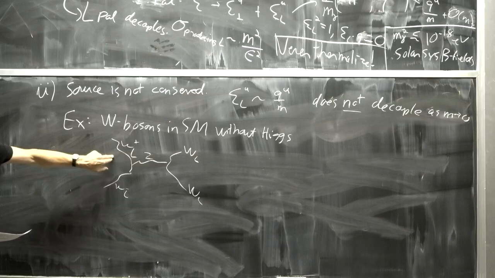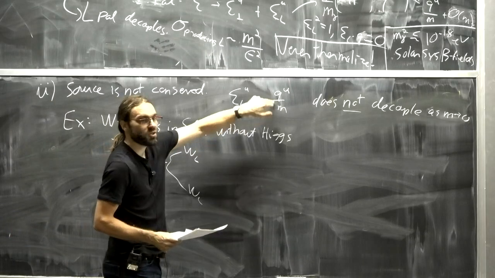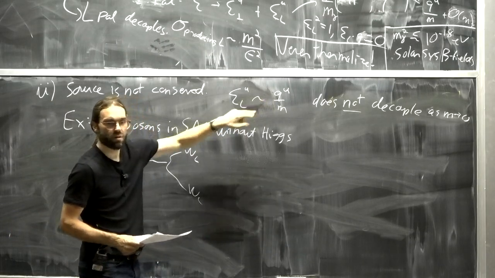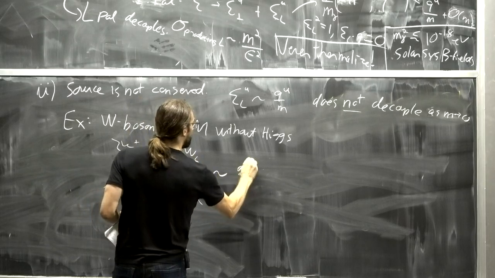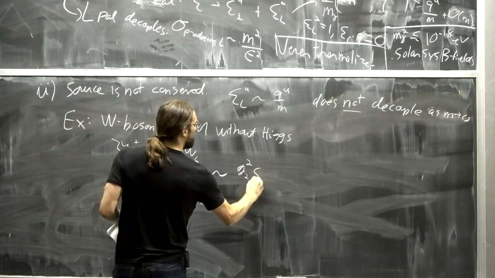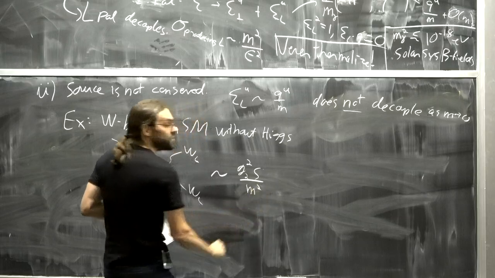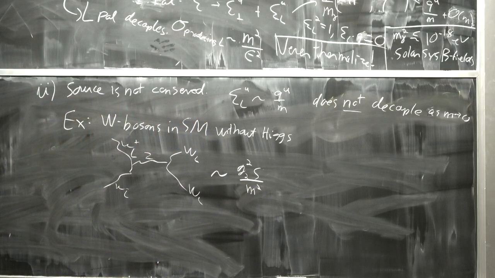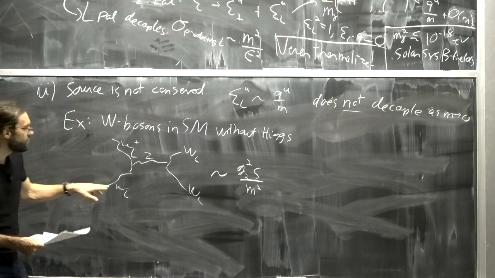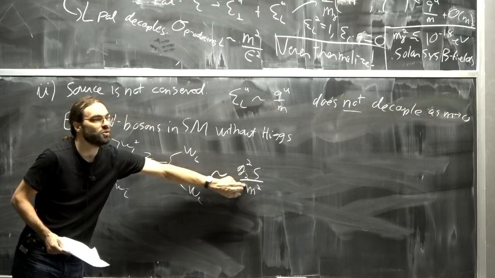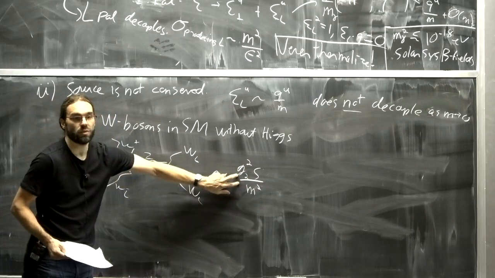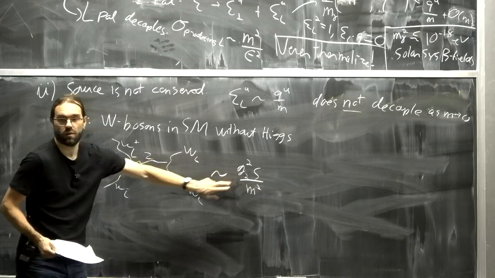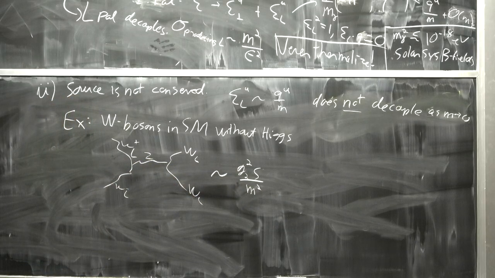This amplitude will have some 1 over m in the answer, and you'll get an amplitude that goes like some coupling for the weak force times s divided by m squared. So if you make the energy much larger than the W boson mass, this graph gives you things that grow with energy.